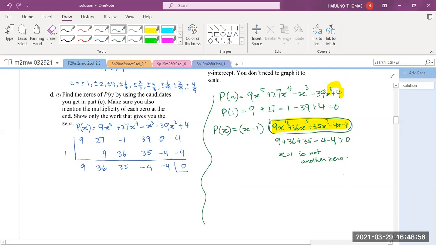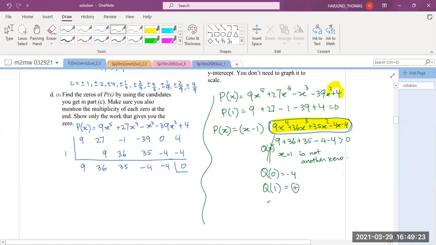Now, on the other hand, we also notice something from this polynomial here. If we call this Q(x), then Q(0) is negative 4, yet Q(1) is a positive number. You see that?